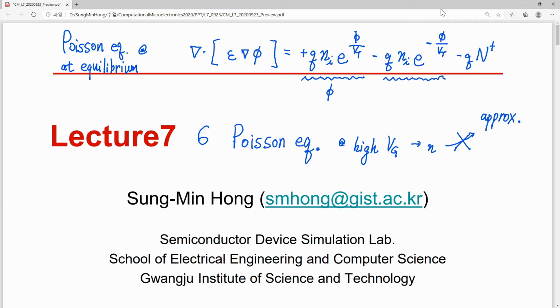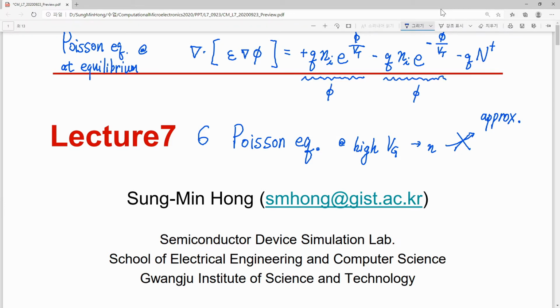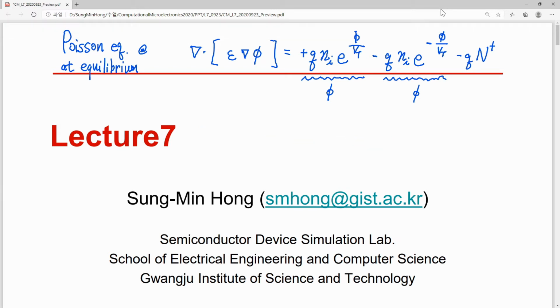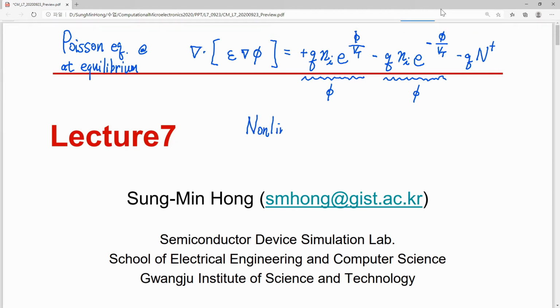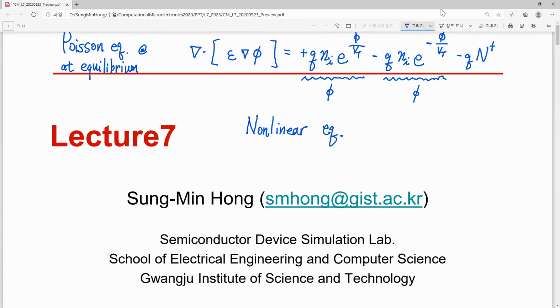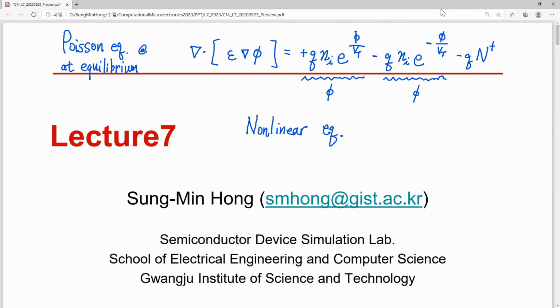Also, this term is dependent on the electrostatic potential. So, when we consider it at equilibrium with the electron contribution and hole contribution, it becomes a non-linear equation.